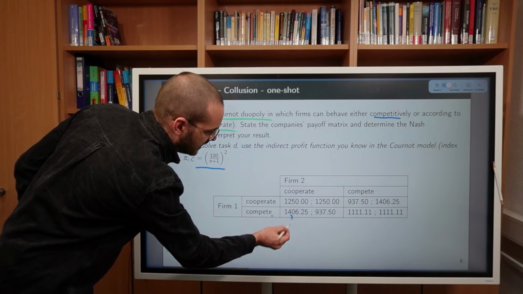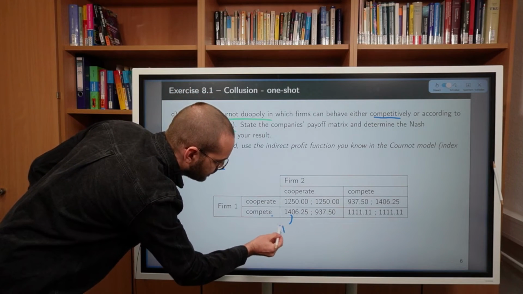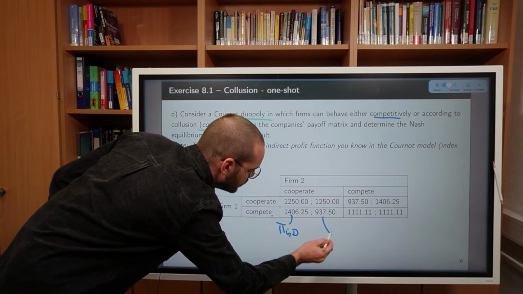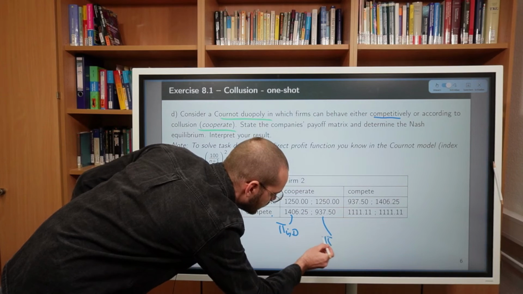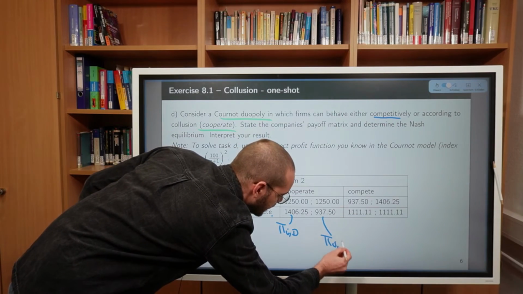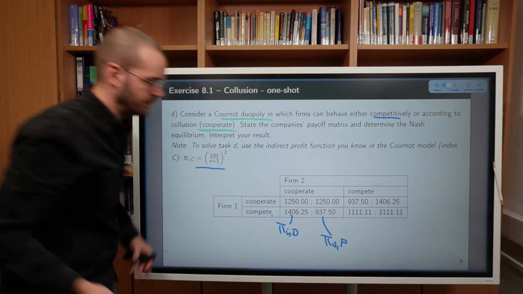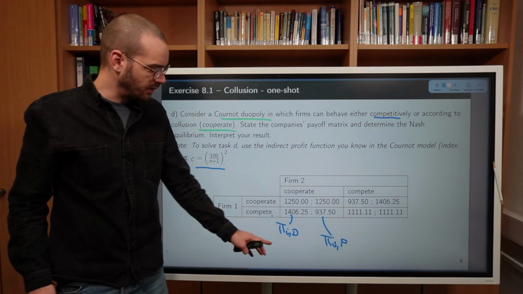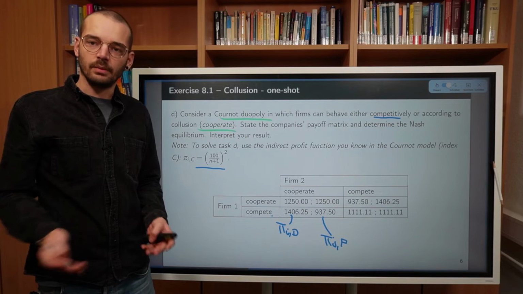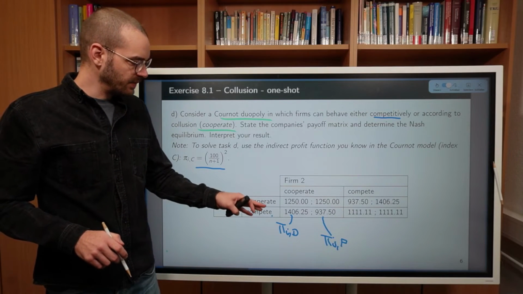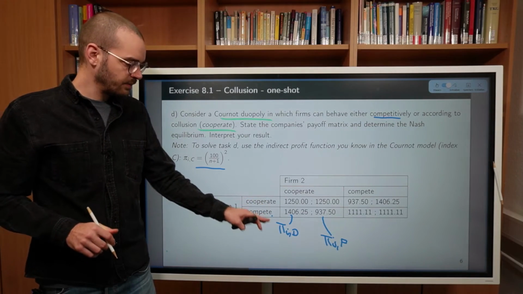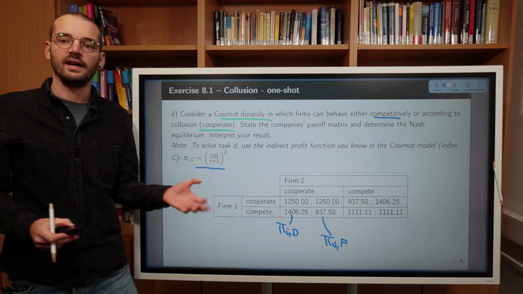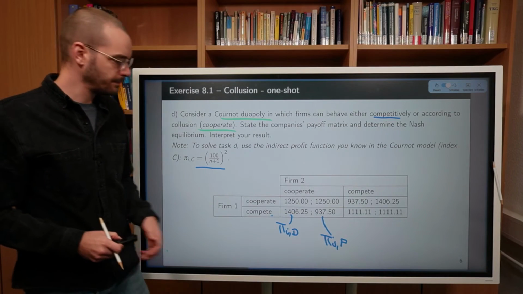So in this case, firm 1 is deviating and firm 2 is the one that is sticking with the collusive behavior. All right, so we have precisely what we called pi with an index I, comma d in a previous exercise for firm 1, and for firm 2 we have pi with an index I, comma f, right?